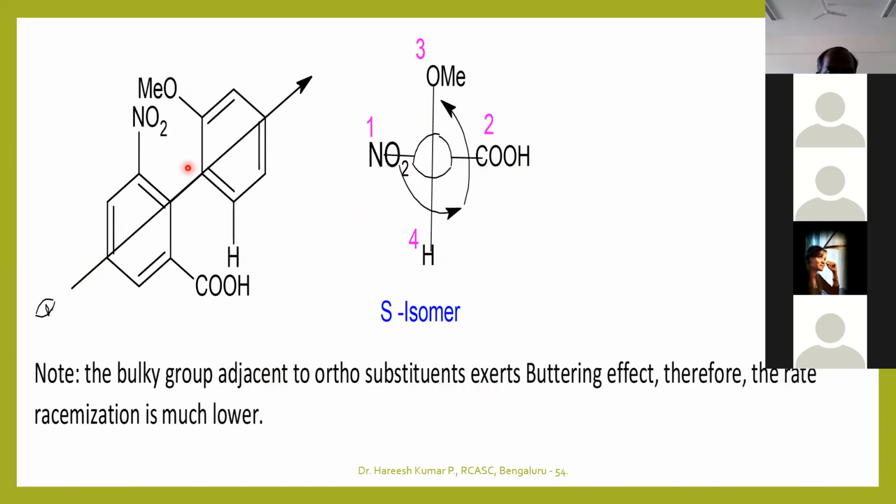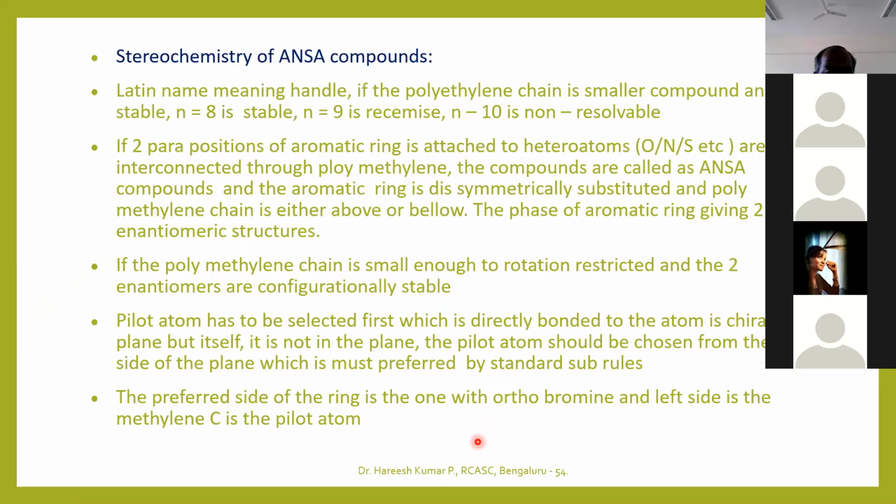Of course, this is ortho, this is also ortho, this is also ortho. So the bulky group adjacent to the ortho substituent exerts buttressing effect. Therefore, racemization is much lower. Okay, with this, I will go to the next slide.